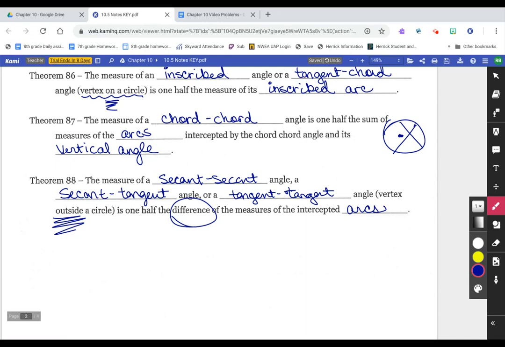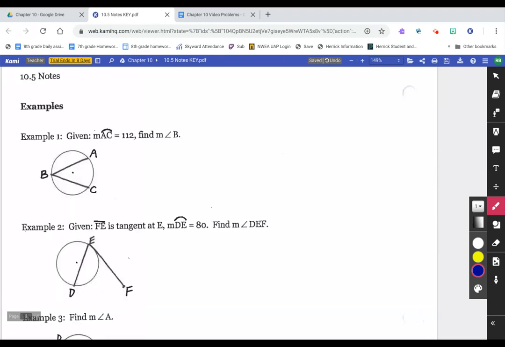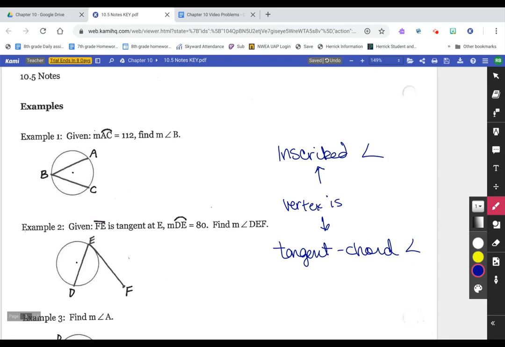This one was 1/2 the sum of the measures of the arcs. This is my inscribed angle, and this one is my tangent-chord angle. What these two have in common is that their vertex is on the circle.